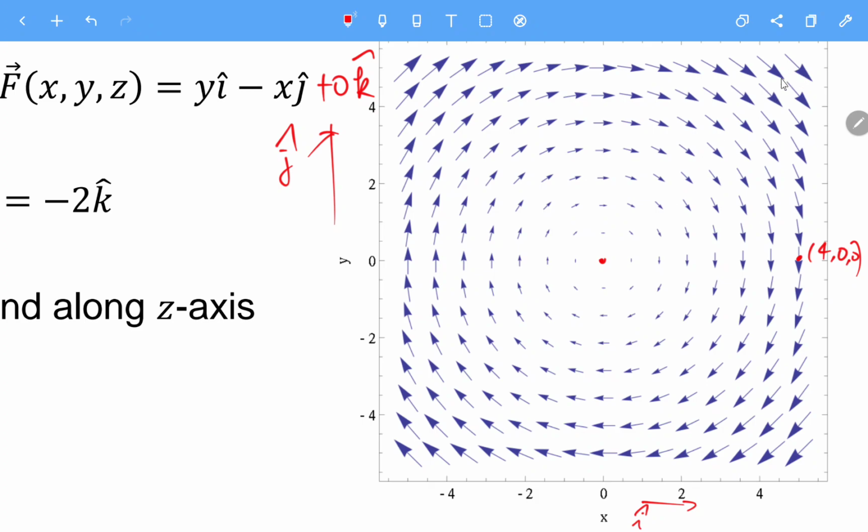A longer vector means F at that point has a larger magnitude, and of course it is also related to the direction. Say this point is around 4, 4, 0. If we plug in x, y, z to be 4, 4, 0, then you will have 4i minus 4j. So you can see this vector is pointing to the bottom right.